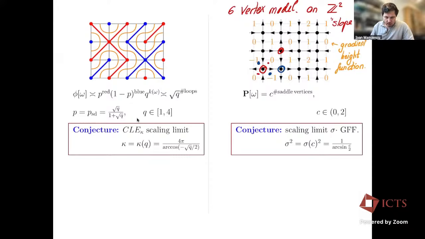The main conjecture in this setting is that if C is between 0 and 2, this height will start behaving like a Gaussian free field, with a multiplication factor that depends on C. And here's the explicit formula that gives you sigma in terms of C. So what do I mean by a Gaussian free field?